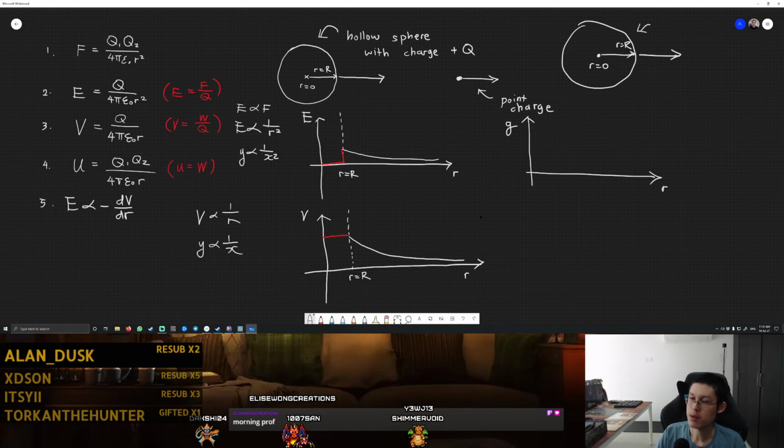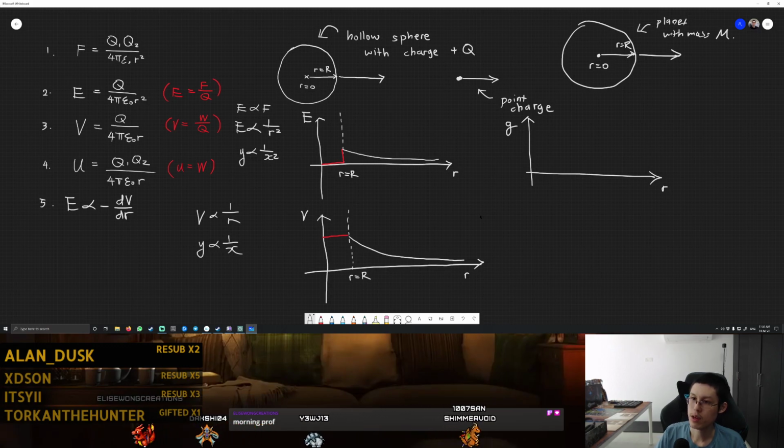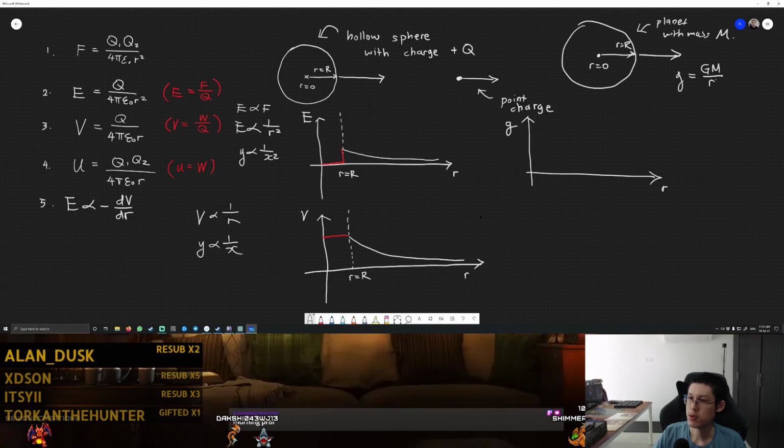So this is some planet with mass m. Okay, so we know that g is equal to GM over r squared. G and M are constants, so g is inversely proportional to r squared. So you're essentially plotting 1 over x squared, similar to what we're doing on the electric field strength here.